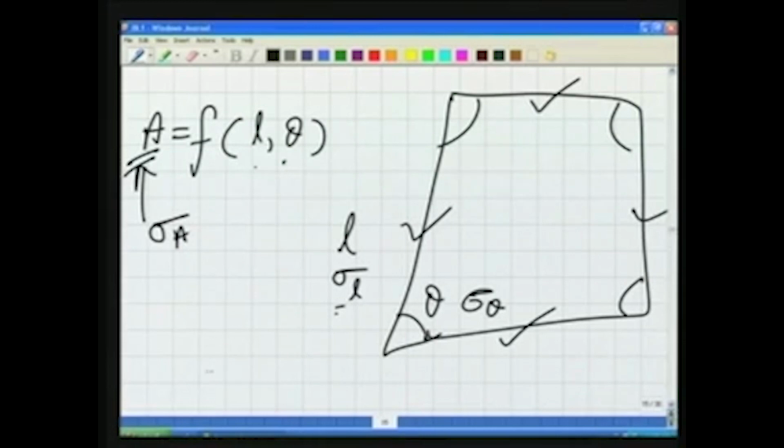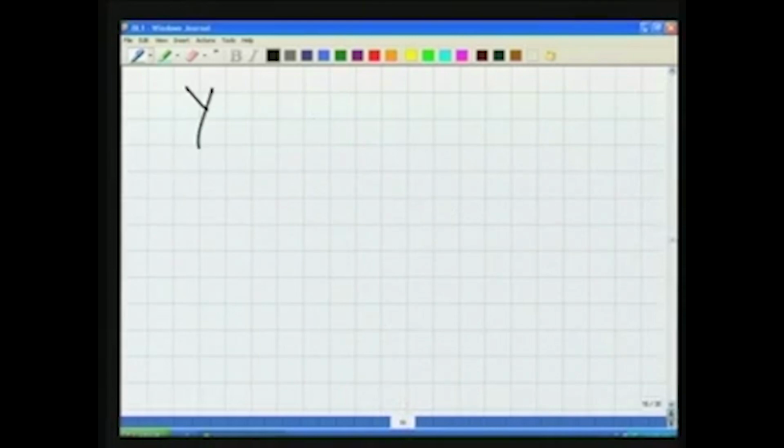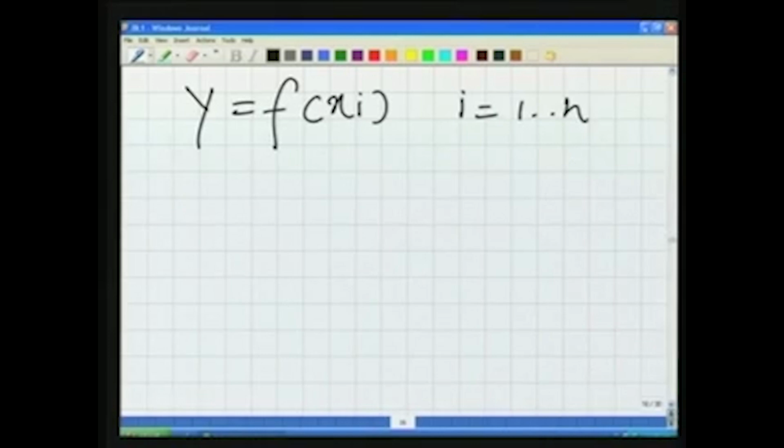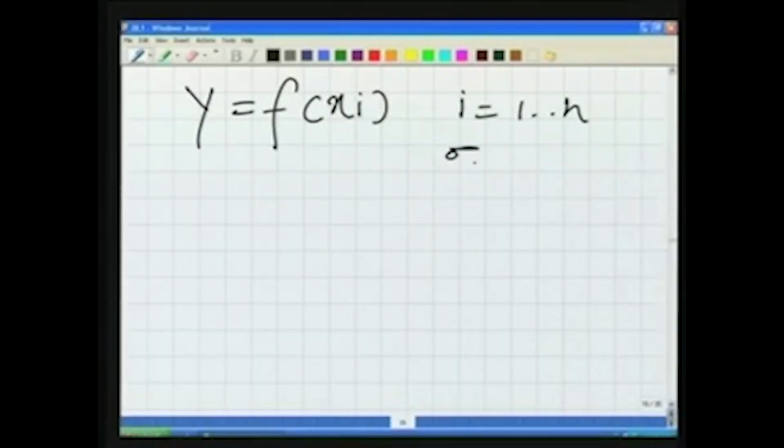So a very simple rule is there, and this rule says for any function, if I write it now in a general form, y is f of x i, where i varies from 1 to n. The meaning is we are using n number of variables in order to arrive at y through some manipulation of these variables, and for each variable we know its corresponding standard deviation. So the standard deviation of our final output y, I am not going into the derivation of this because this is beyond the scope of these video lectures, but you can see the derivation in any good book.